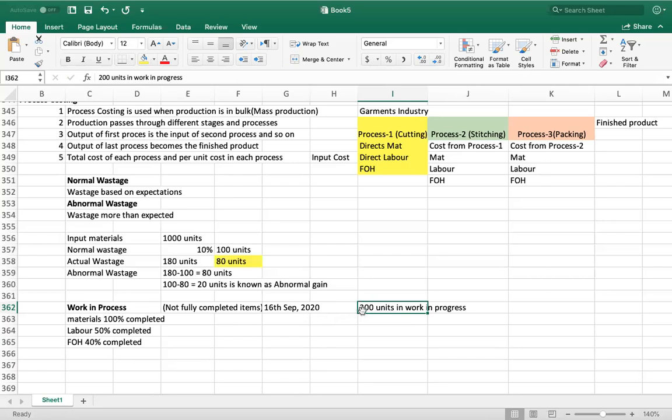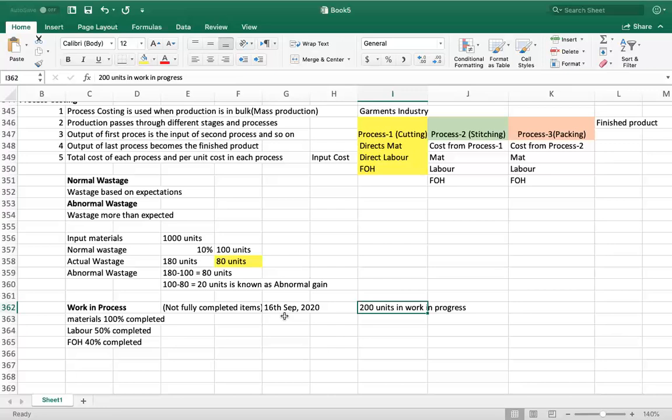Okay, so what do you think? Today our work is finished. Is it closing stock or opening stock today? It will be our closing work in progress or opening work in progress today on 16th.